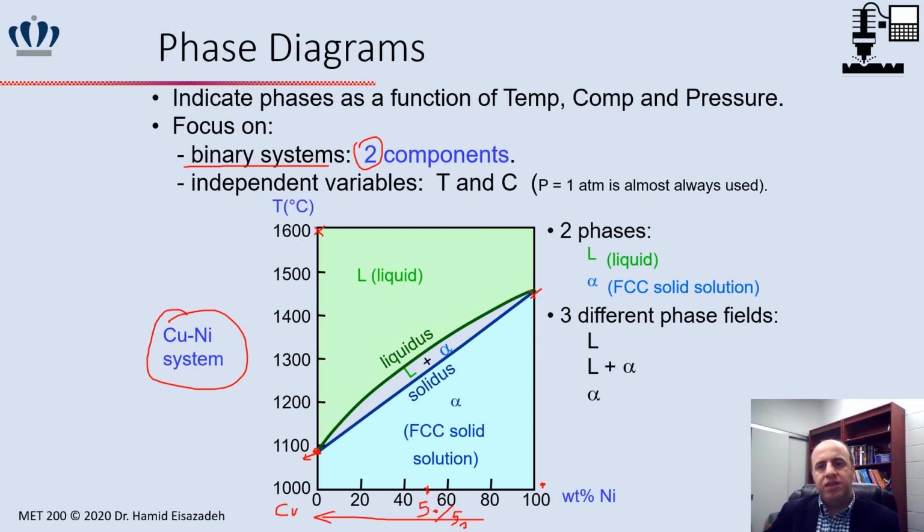But once you add some nickel into this copper material, the melting temperature increases. So this is the melting point. Actually, this is the liquidus line that represents where, beyond this point, the material is going to be completely in a liquid state.